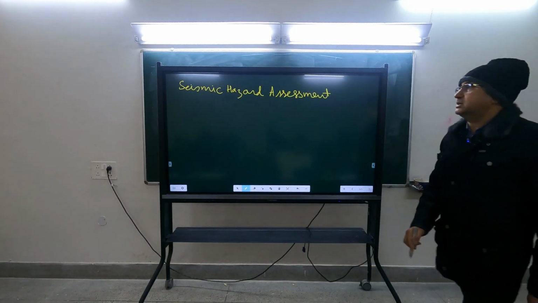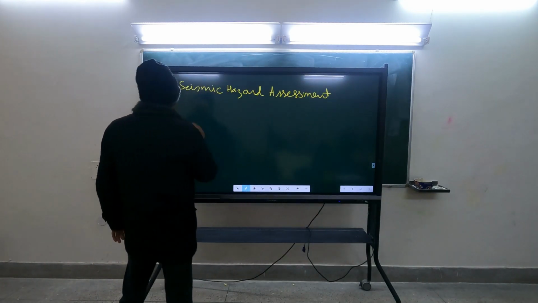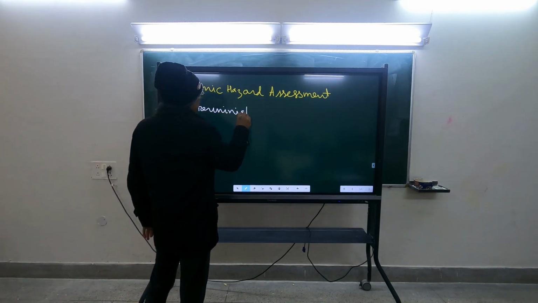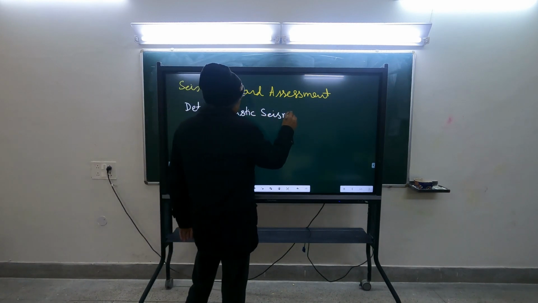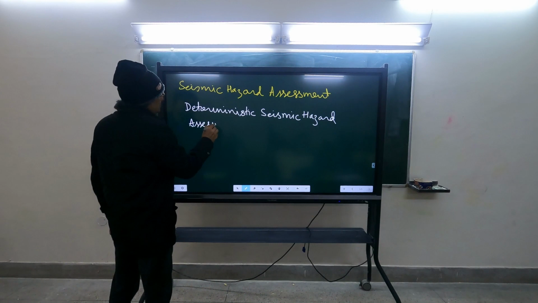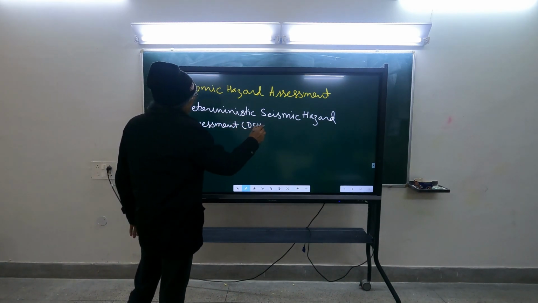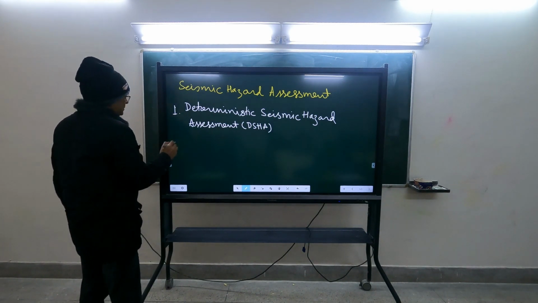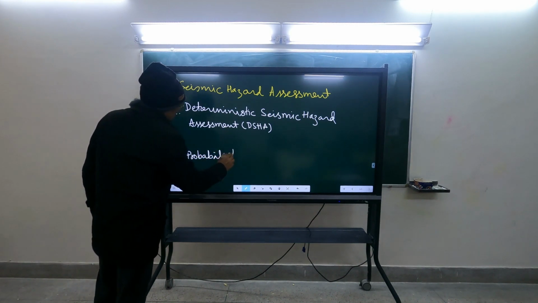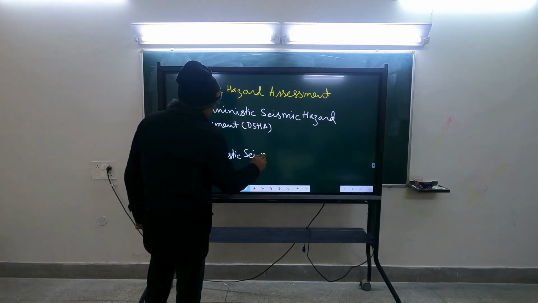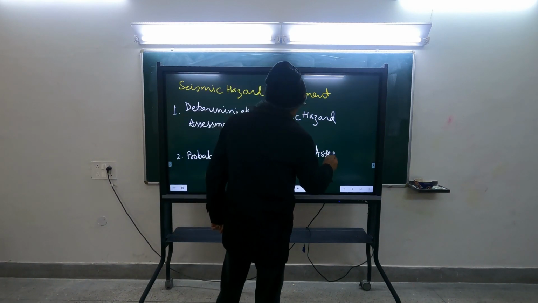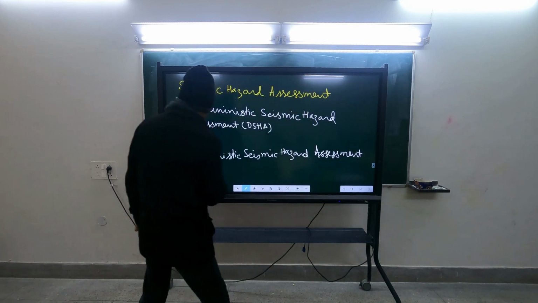Two methods of seismic hazard assessment are available: deterministic, in short we call it DSHA, and the probabilistic, PSHA.